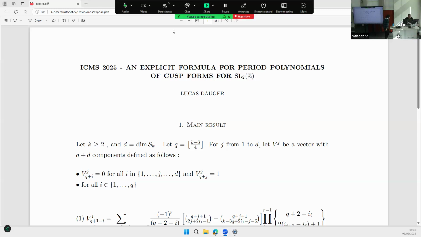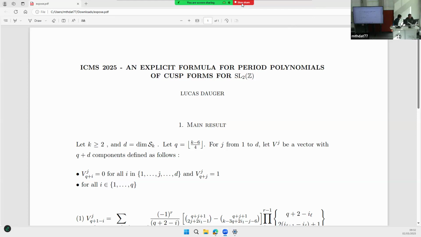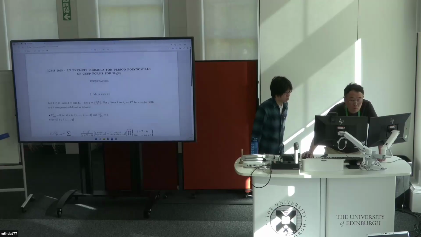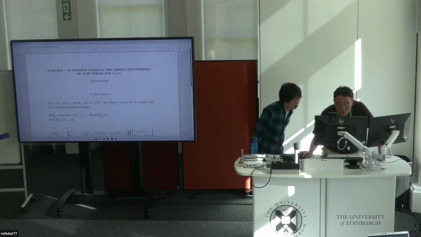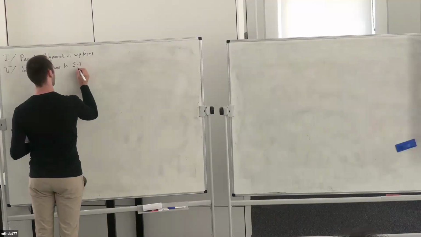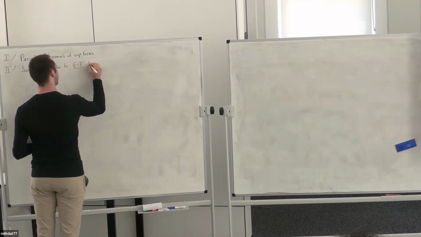In the second part, I will make more precise the link between period polynomials and pro-unipotent Grothendieck-Teichmüller theory by explaining two precise examples of some applications to Grothendieck-Teichmüller theory.